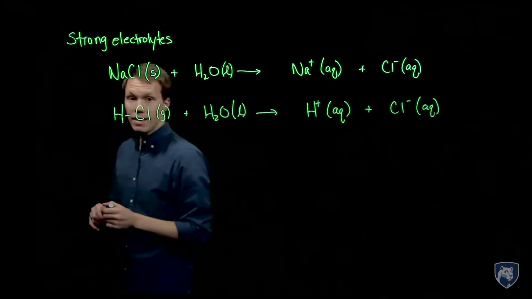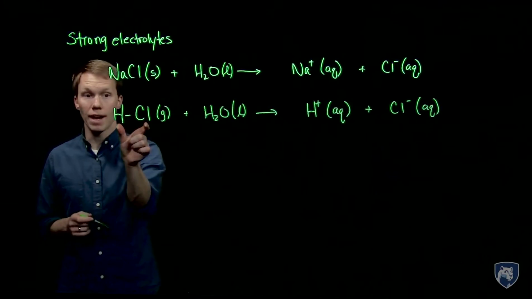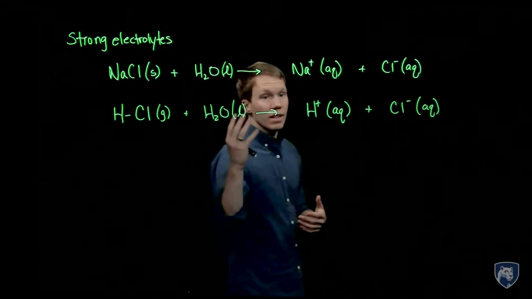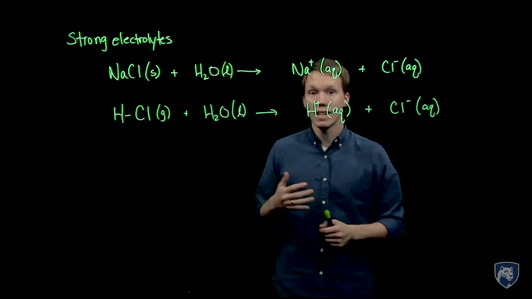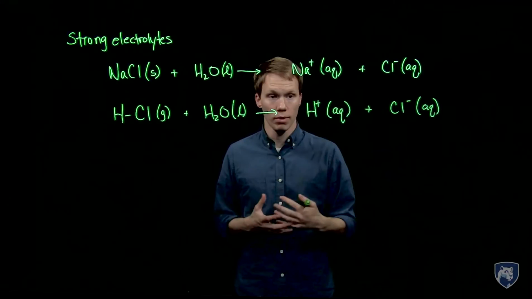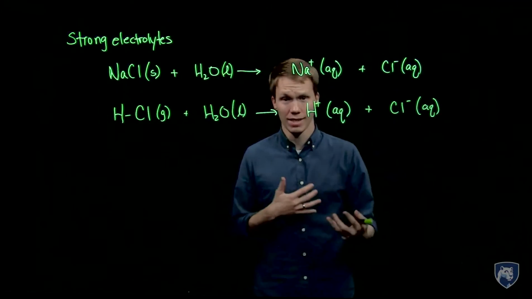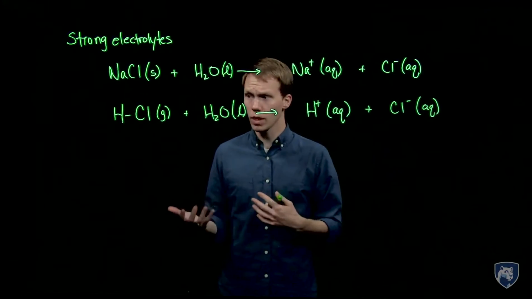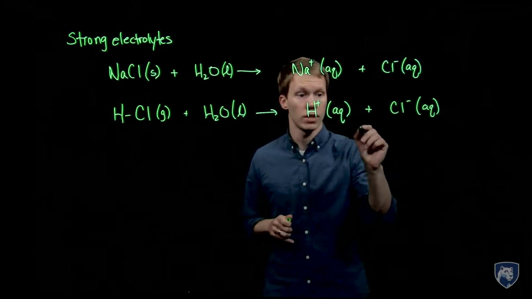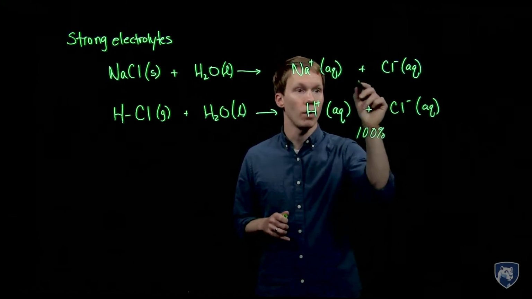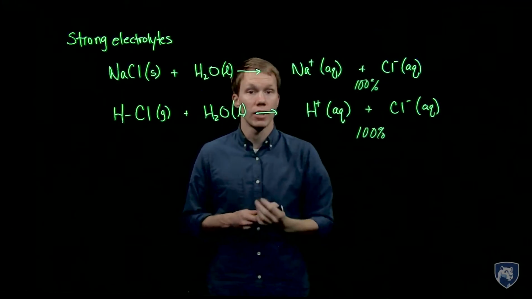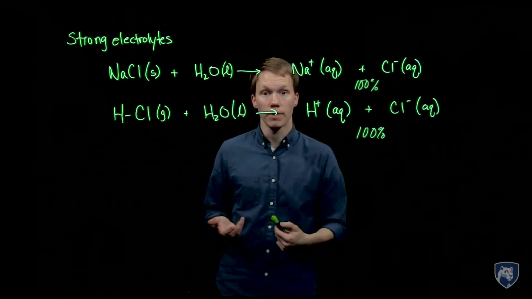So it is a molecular compound to start, but because it's a strong acid, it wants to lose that proton. It is stable losing that proton because Cl minus is especially stable. We see this happening 100% in solution. So these form ions at 100%. So this is a one-sided reaction arrow when these are mixed with water.